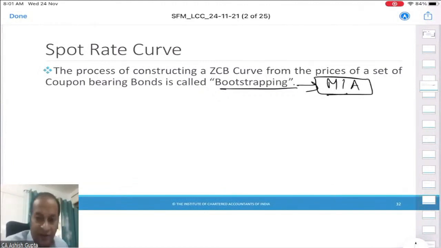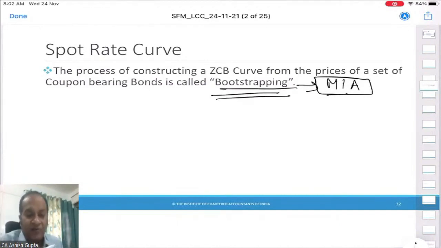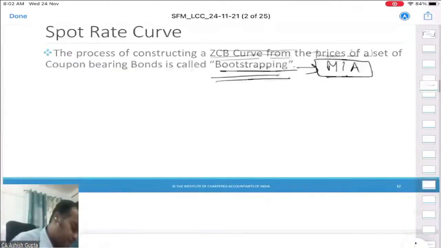Here, we convert coupon-based bonds of different tenure and duration into one single zero coupon bond instrument, which we call the spot rate curve. On the basis of the spot rate curve, we determine in which bond to invest. It makes them comparable, showing which bond is giving good returns.